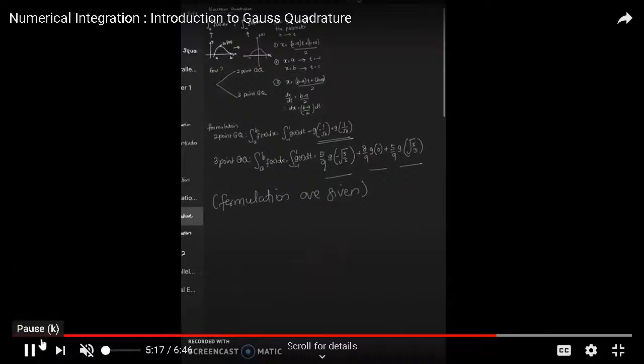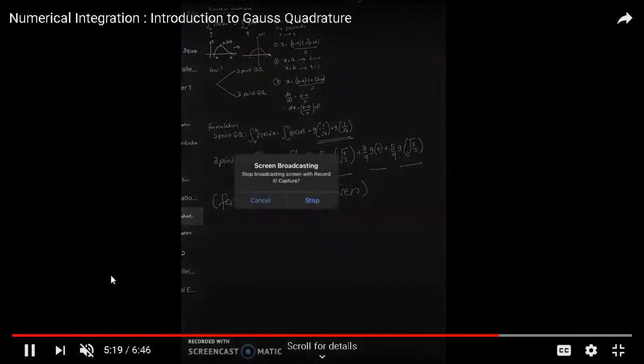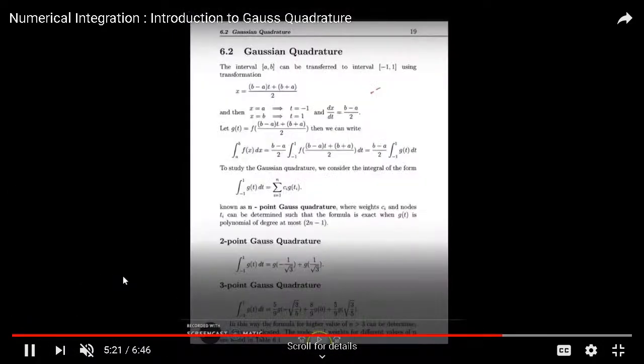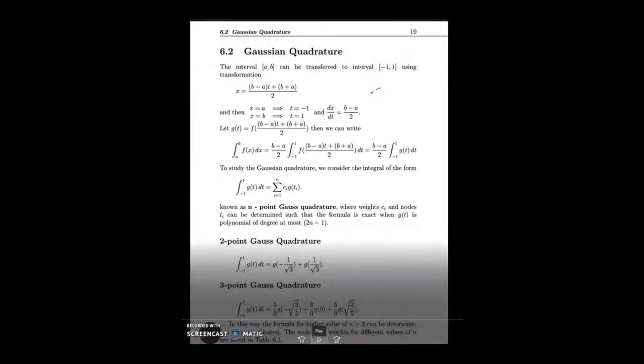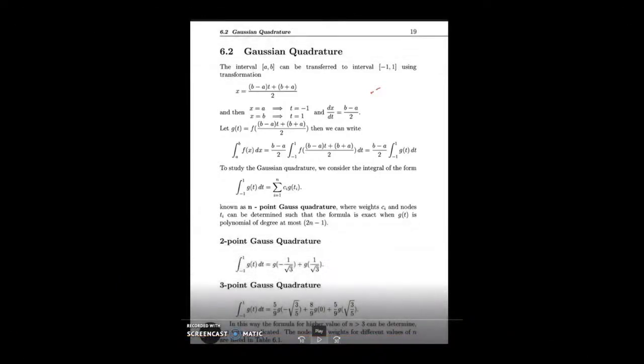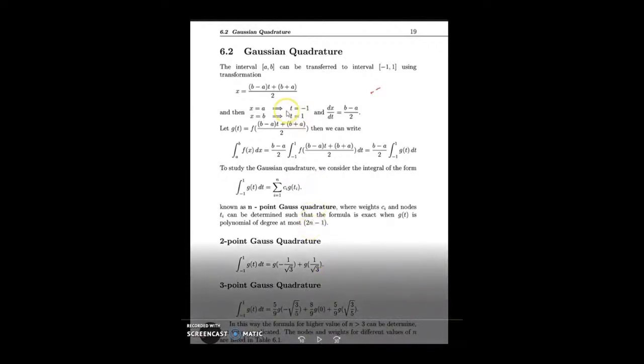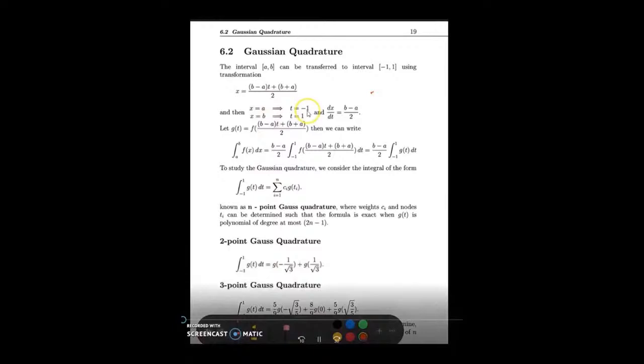So now let's continue. From here, we want to apply the Gauss quadrature 1-point and 2-point. This is a note that I give to you. The formula you need to remember is x equal to (b minus a)t plus (b plus a), divided by 2, to transform between the domain [a, b] and [-1, 1].